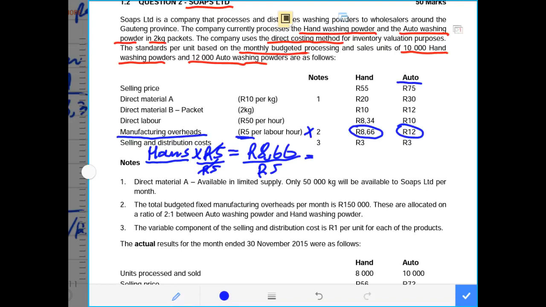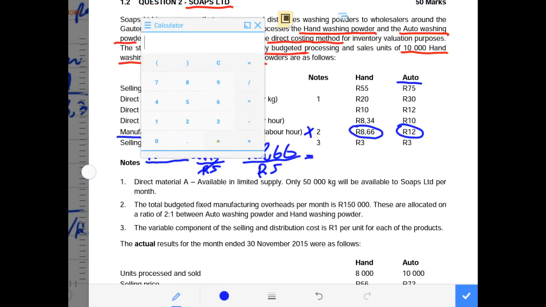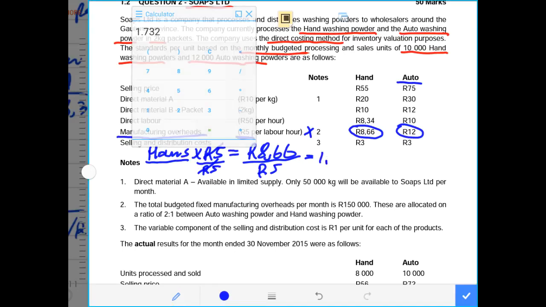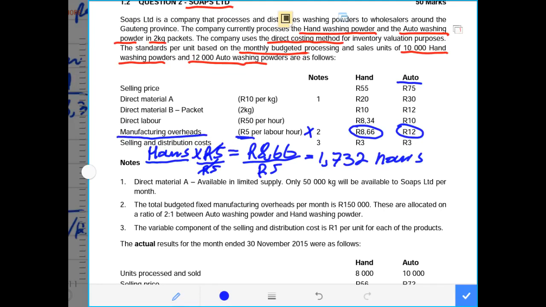This gives us the number of overhead hours taken to complete 1 unit of hand washing powder. It will be 8 rand 66 divided by 5 rand per hour, which gives us 1.732 hours, meaning it takes 1.732 manufacturing overhead hours to complete 1 unit of hand washing powder.